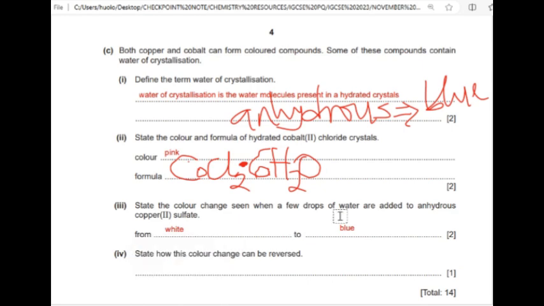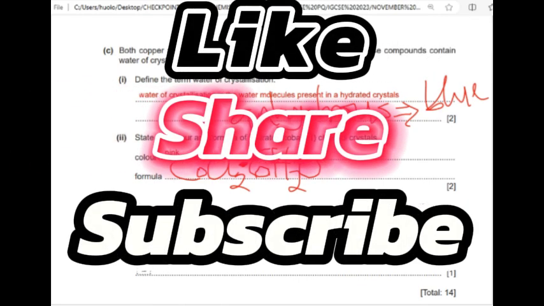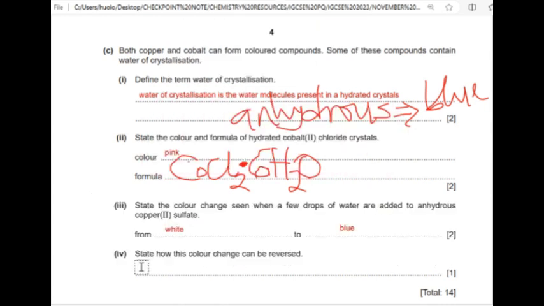State how this color change can be reversed. In other words, we have taken it to blue; how can we take it back? By heating. At the time it has turned blue, it's no longer anhydrous but hydrated. So changing hydrated back to anhydrous means that we heat: by heating the hydrated crystals.